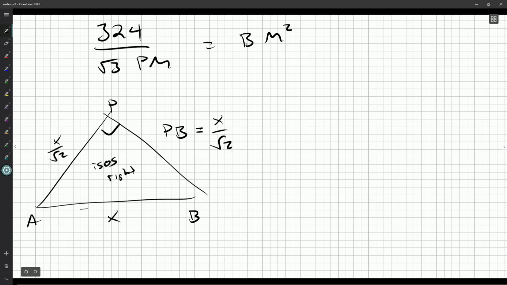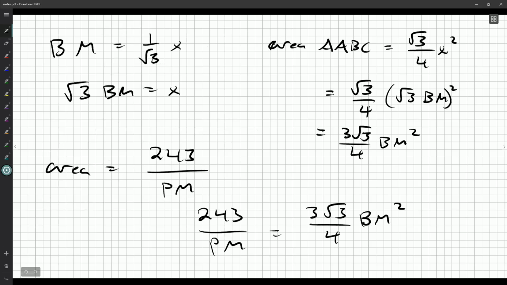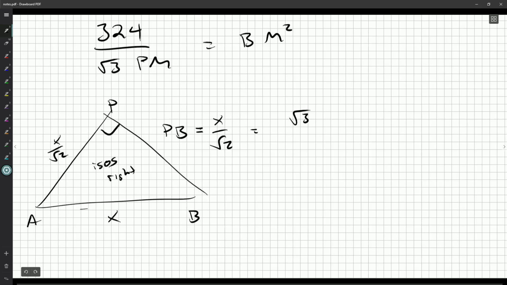So if you know the hypotenuse, you know the side lengths. So PB is x over root 2, and what did we say x was? Root 3 BM over root 2.